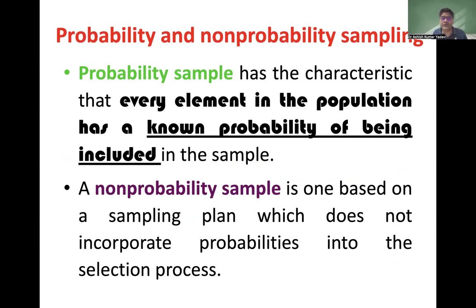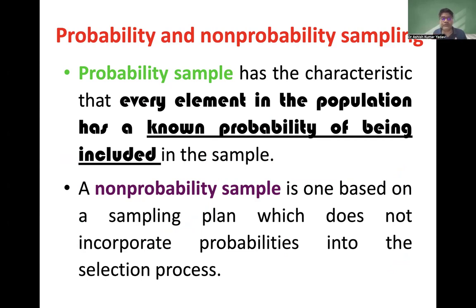Now coming to the sampling techniques. Basically there are two sampling techniques. Number one is the probability sampling technique. A probability sample has the characteristic that every element in the population has a known probability of being included.